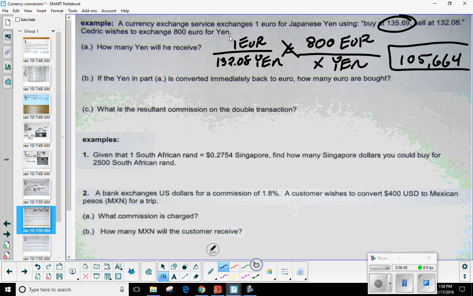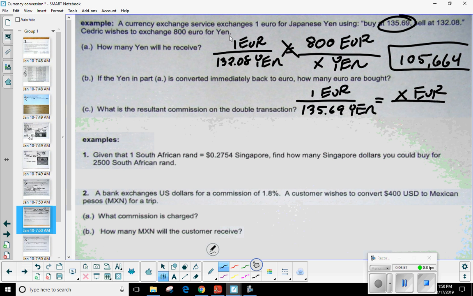Now, a lot of people have already told me what I need to do, but if I were going to set up our proportion, we know that 1 euro, and this time is going to be 135.69 yen, is equal to X euro, because we're getting our euros back, over the 105,664 that we just received. So in this one, yes, you are going to have to divide the 105,664 by the 135.69.